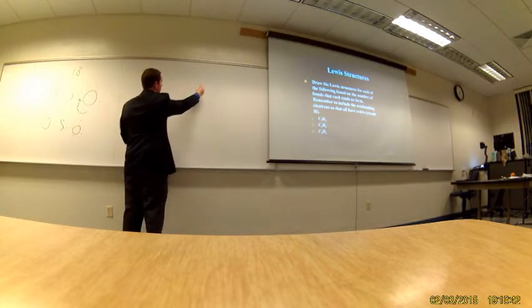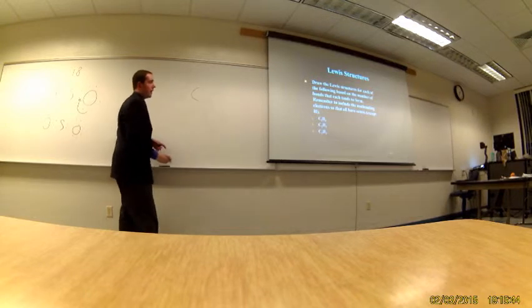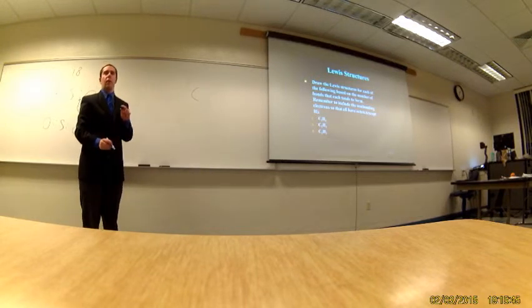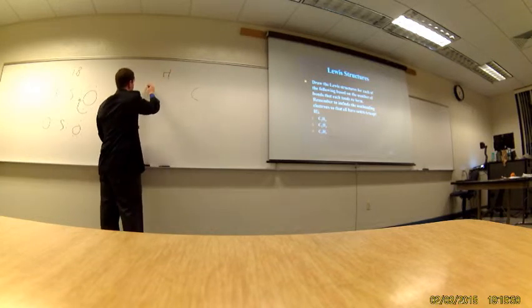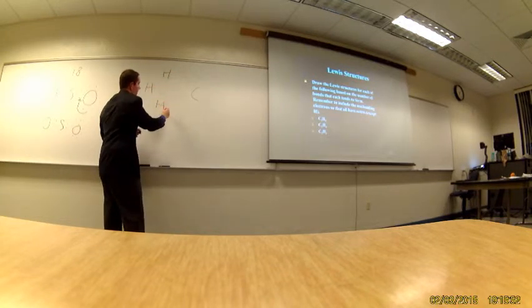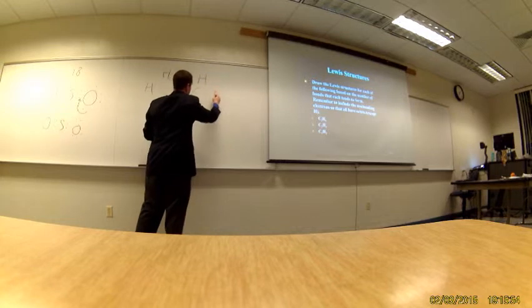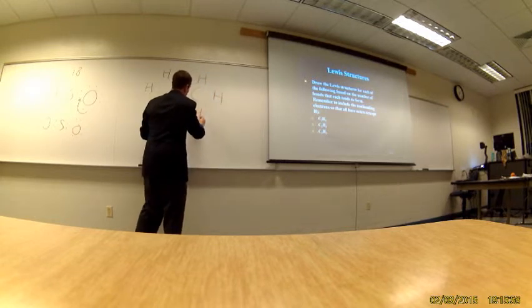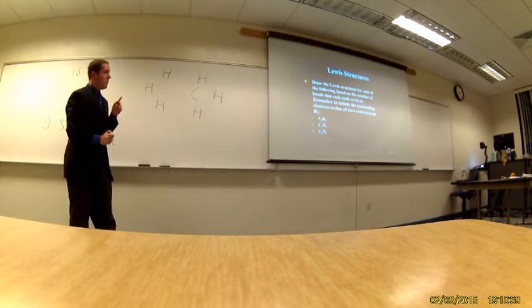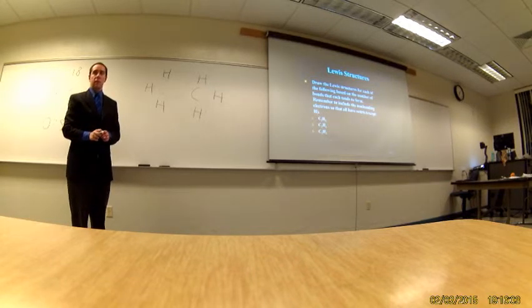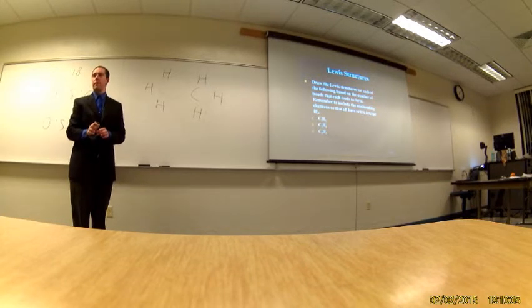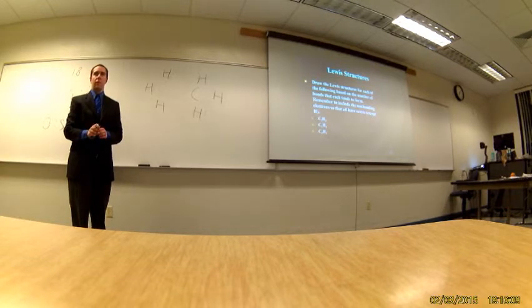I'm going to tell you, you have C, C, and then there are 6 hydrogens. Where do you think they go? Around. 3 on each one. Okay. How many electrons do I have? 6 plus 18, so 14.